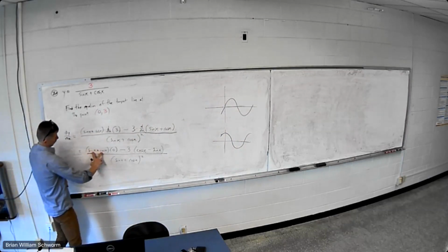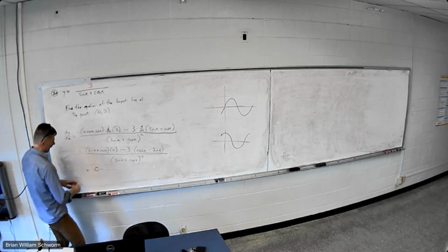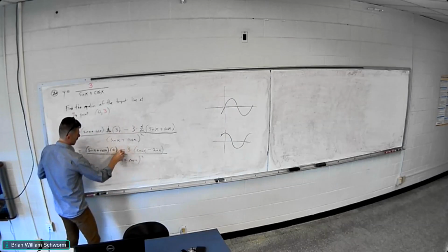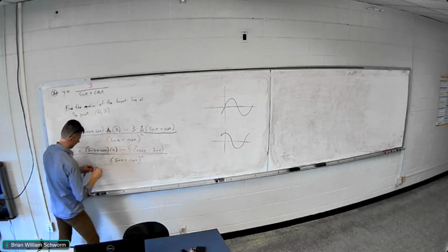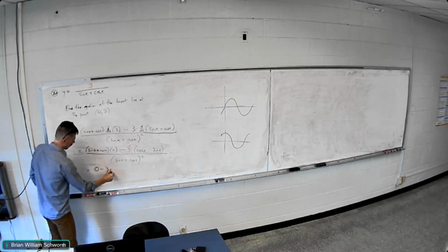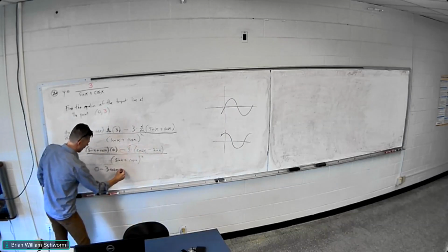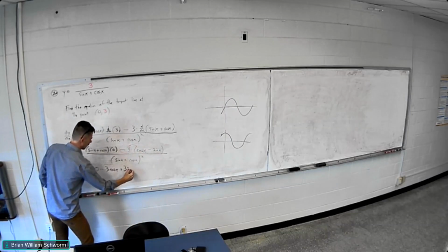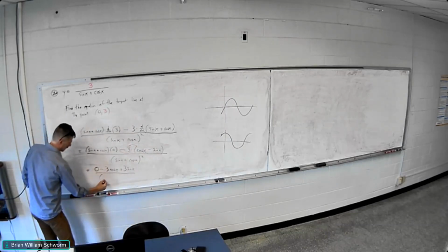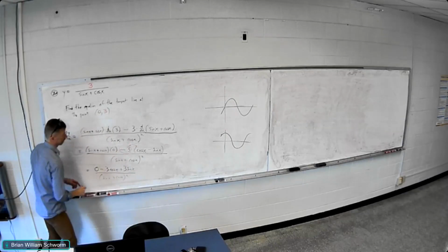Anyway, sine of x plus cosine of x times 0 is 0. Anything times 0 is 0. If I distribute this negative 3, it makes a minus 3 cosine of x. And then negative 3 times negative sine makes positive 3 sine of x, over sine of x plus cosine of x, squared.